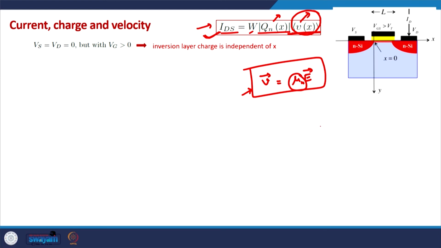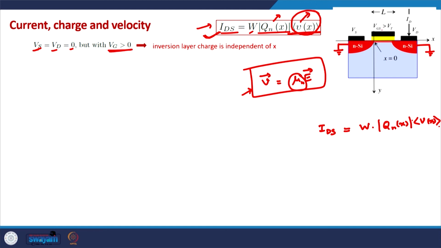IDS is W times QNX times the average velocity with which this charge moves. So, let us take the case where the source terminal is grounded and the drain terminal is also grounded, which means Vs and Vd are equal to 0 and Vg is greater than 0.